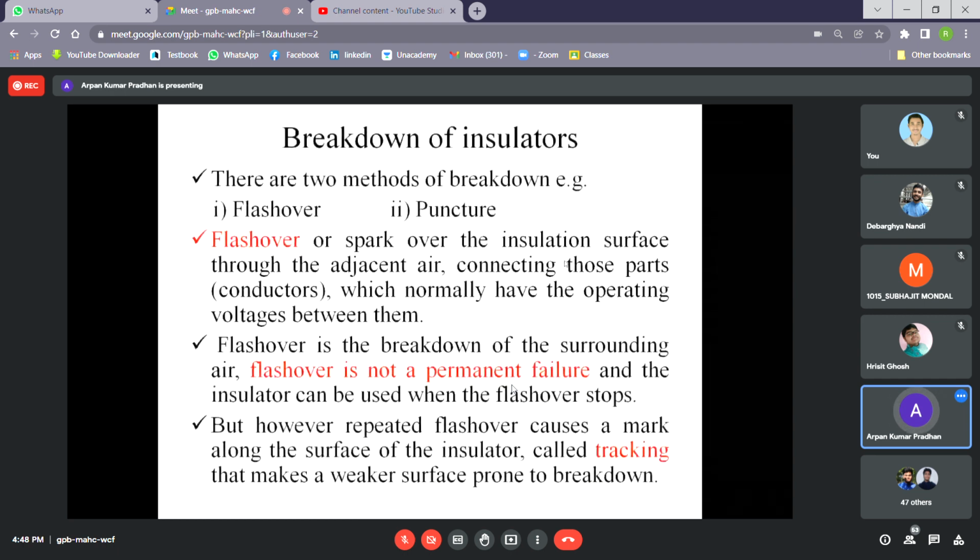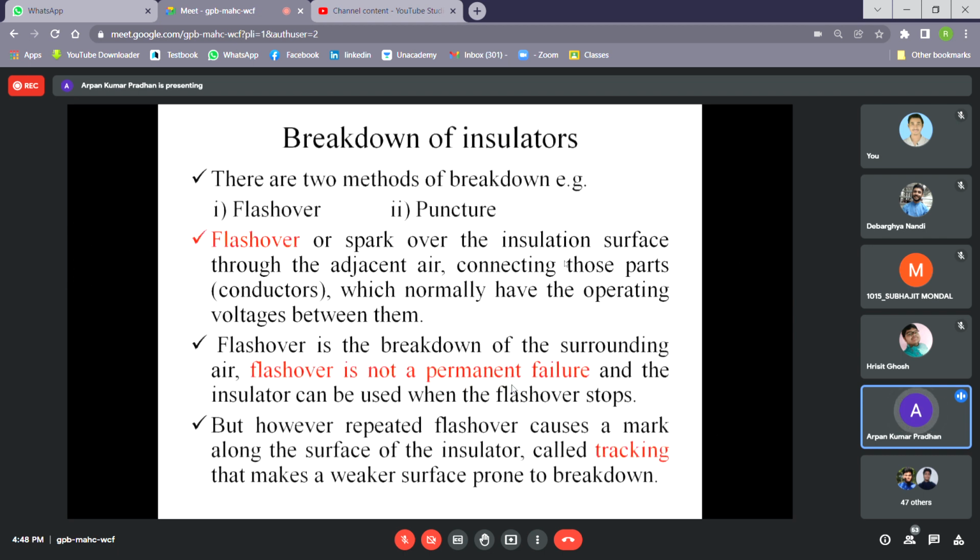Now coming to that, what is flashover voltage? Flashover voltage is that voltage at which a spark occurs through the insulator surface, or you can say through the creepage distance, between the live conductor and earth pin.